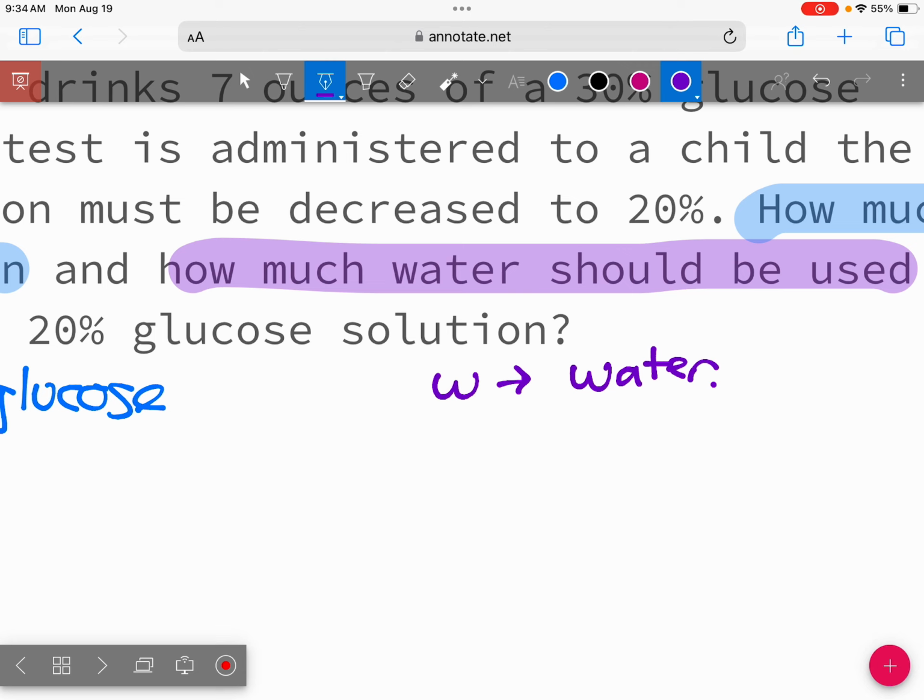What can we do to build our equations here? I know that combined together, my glucose combined with my water should total up to what? 7 ounces.